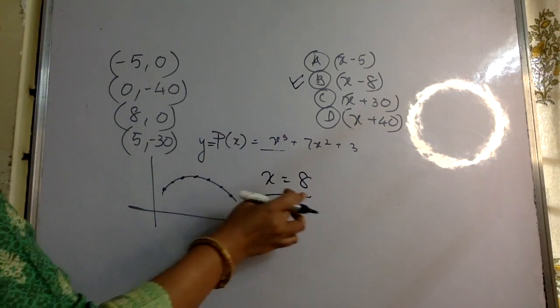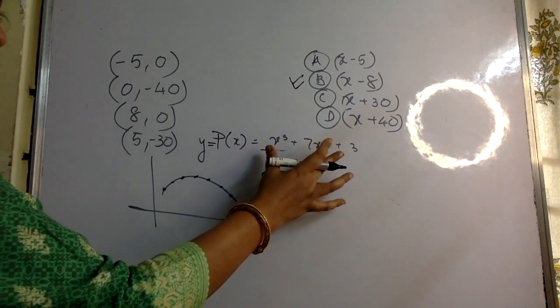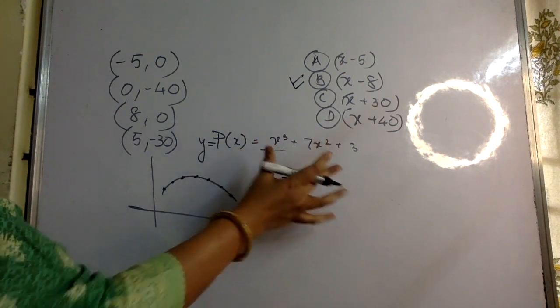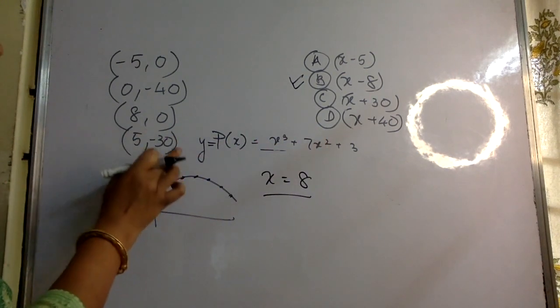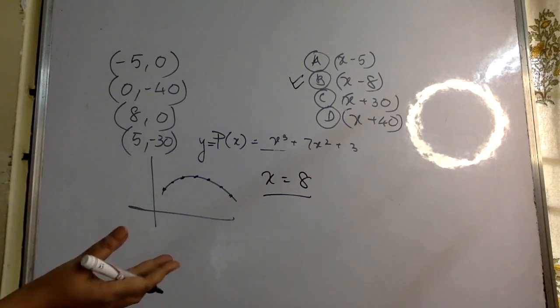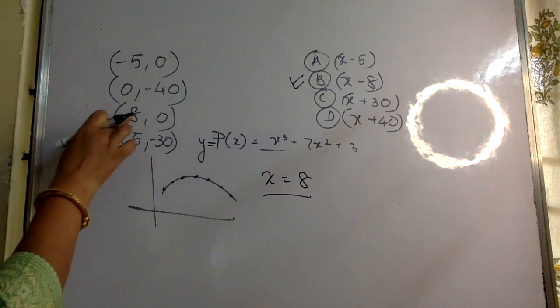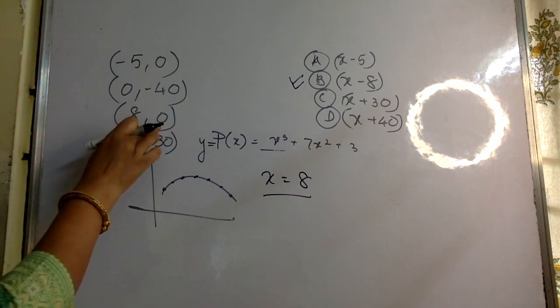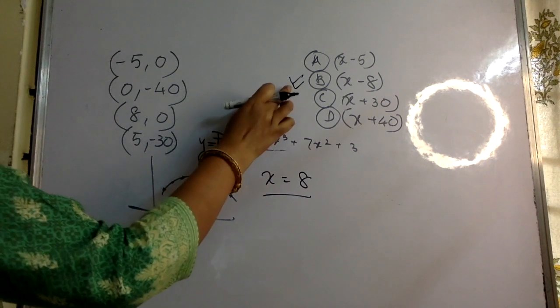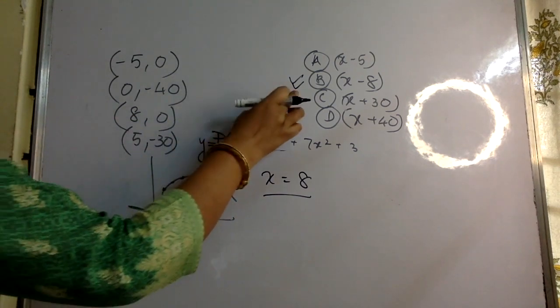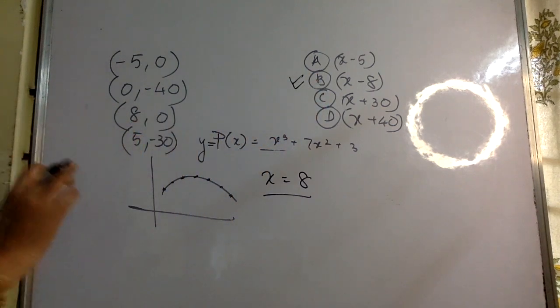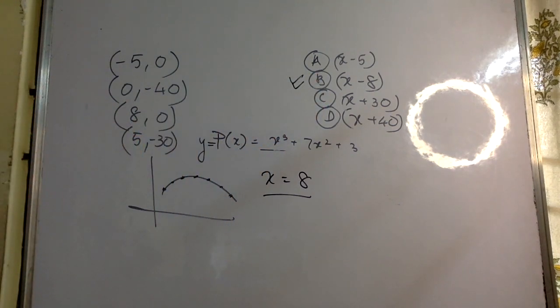If I substitute x equal to 8 in my polynomial, I know for sure that the remainder is going to be 0, because when x is 8, y is 0. So this is the answer. This is definitely a factor of the given polynomial. B is the correct option.